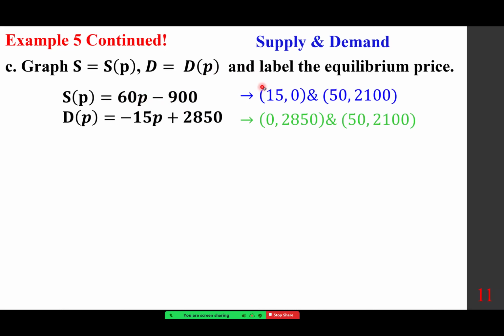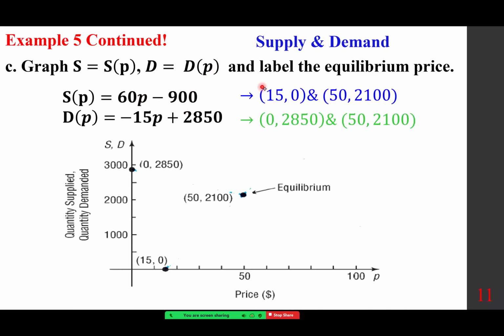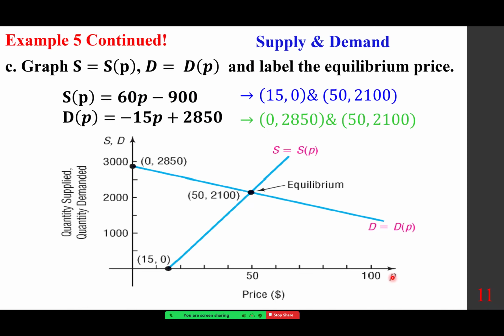And so if we plot the pairs, of course, we have the equilibrium point at 50, 2100, 15, 0, 0, 2850. So that's one. That's another one. And the graph looks like that.